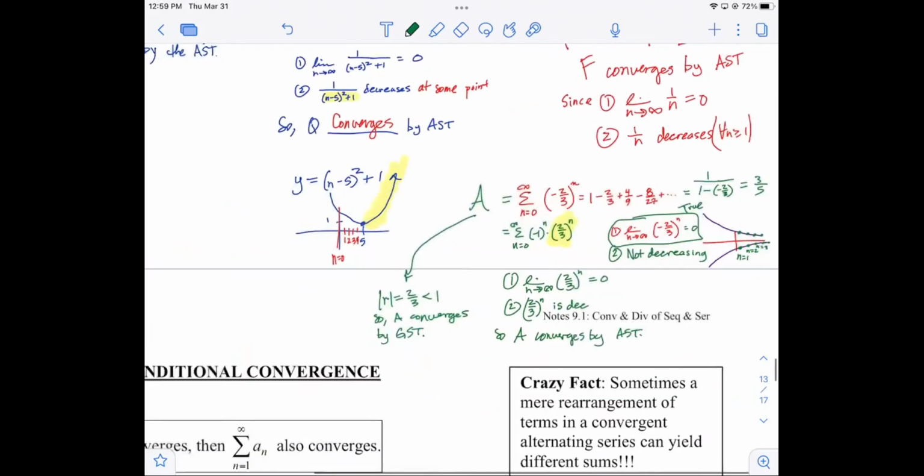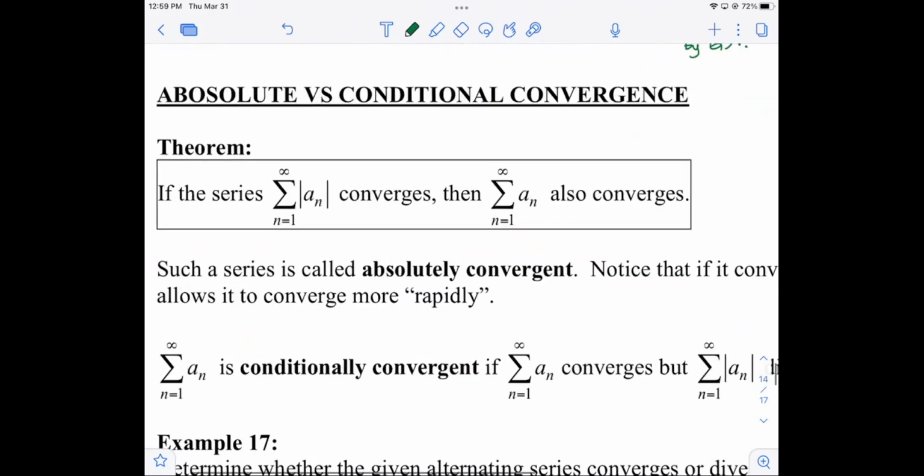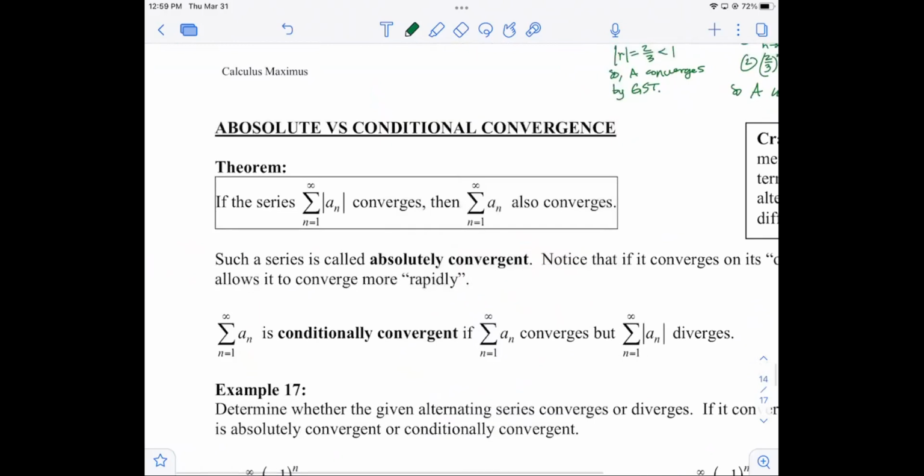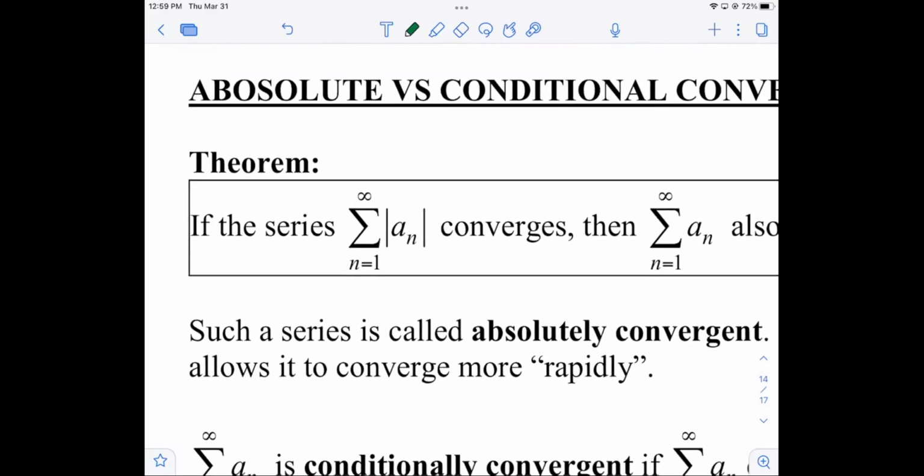Now, the last thing about alternating, we've already talked about it. Let me just run through this right here. I introduced it to you early because I wanted to be able to run through this. This is a theorem. If the absolute value of a series converges, that means if you get rid of the alternating piece only, like on that geometric series we just did, we had to rewrite it.